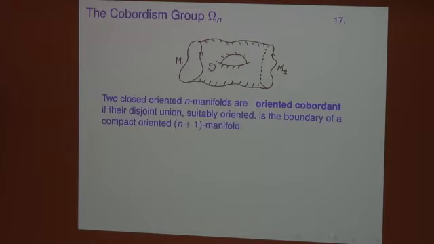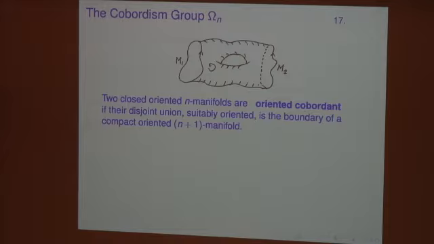Now, Thom further defined this concept of cobordism. So given two different closed, oriented manifolds, M1 and M2, he asked whether they could be joined by an (n+1)-dimensional manifold with boundary in a way compatible with the boundary, so that you obtain a well-behaved equivalence relationship.